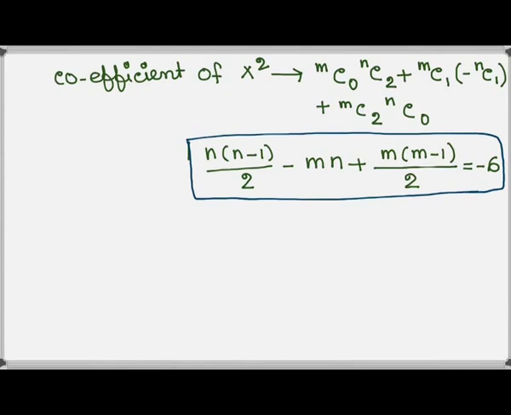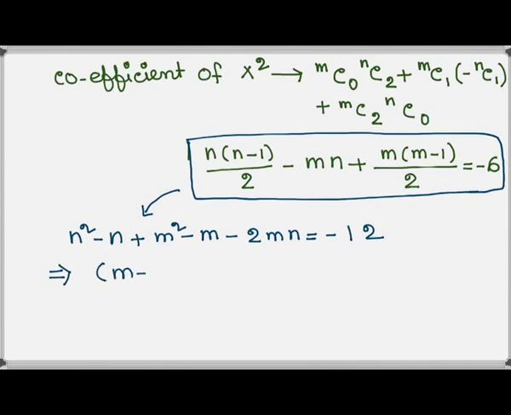Let us simplify this equation. After simplifying, we get n² − n + m² − m − 2mn is equal to −12. So we get (m − n)² − (m + n) is equal to −12.